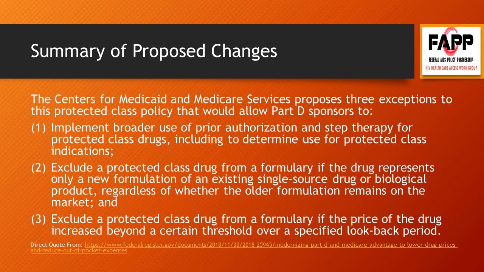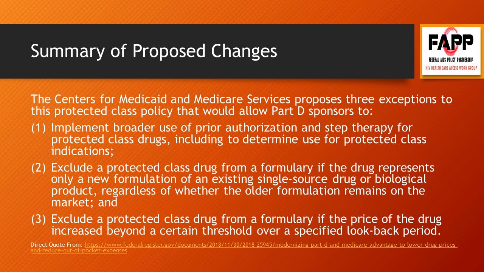The proposed rule out right now changes the 6 protected class protections in 3 major ways, outlined in the slide in front of you. The first is that the rule would allow increased use of prior authorization and step therapy, and we'll talk a little bit more about the specifics of that part of the proposal. The second prong is that plans would be allowed to exclude a drug from a formulary if the drug represents only a new formulation of an existing single-source drug, regardless of whether the older formulation remains on the market.